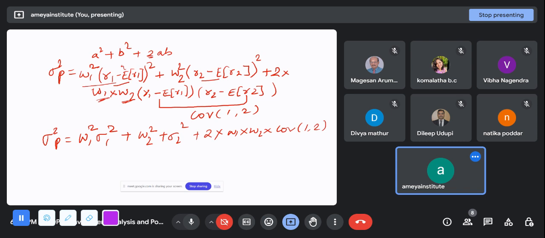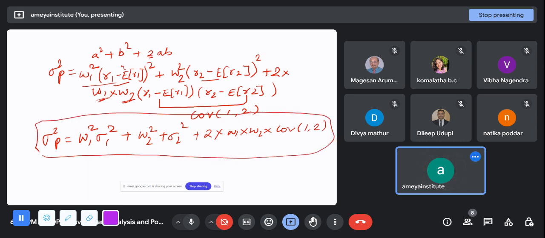So the whole formula I replace with this variance concept. Got it everyone? Shall I proceed further?